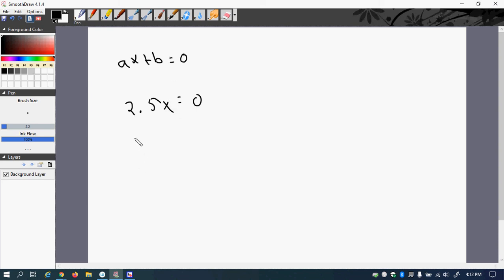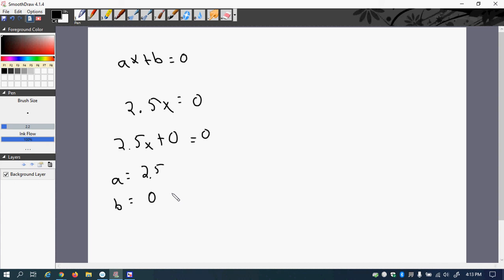It really is there, it's just that we don't usually write it because it's 0. So we could write it as 2.5x plus 0 equal to 0. Now it fits the general form, where a is 2.5 and b is 0. So we can see right away that that works.